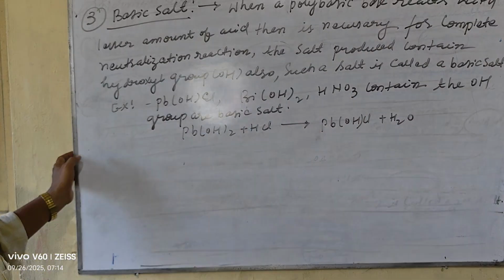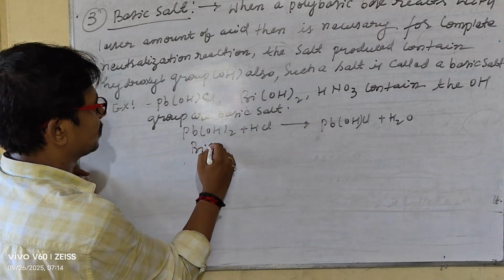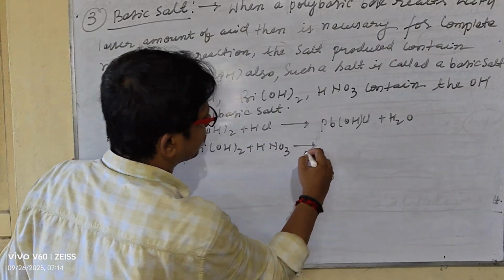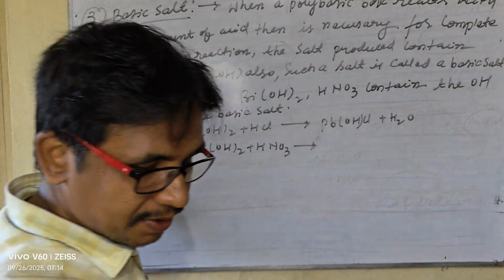Next is the Bi(OH)3 plus HNO3. It gives you Bi(OH)2NO3 plus H2O.